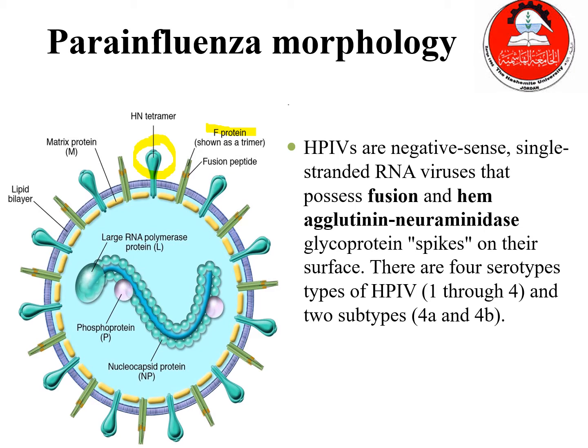Also, we have the matrix protein. Also, we have the nucleocapsid protein, the phosphoprotein, which are associated with the genome of the parainfluenza virus.